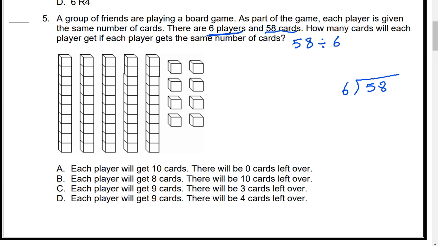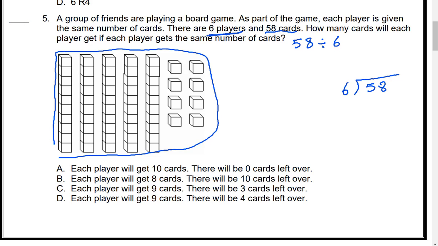Okay, with pictures, you will draw 6 groups, and you will divide these blocks among the 6 groups. Okay, so it may take a long time, but with the algorithm we can do it faster. Okay, my hero. So let's do it with the algorithm.